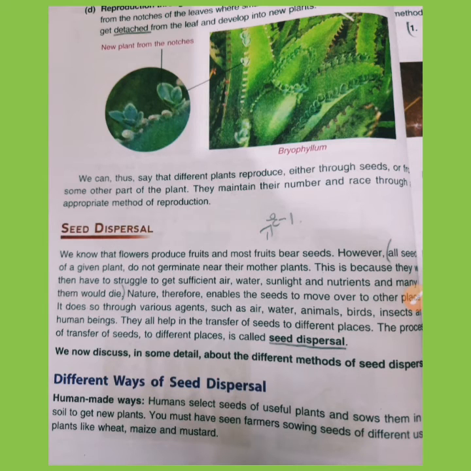Now the next topic is seed dispersal. What is the meaning of seed dispersal? The way by which seeds transfer from one place to another is called seed dispersal. Why is seed dispersal needed?